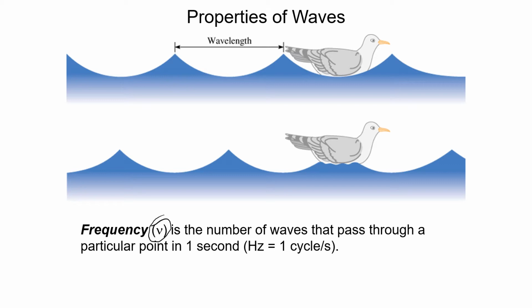And the units to describe the frequency are hertz, Hz, or 1 cycle per second, which can also be written as s to the minus 1. And the speed of the wave, given by u, is frequency times wavelength. And the units associated with speed are meters per second.